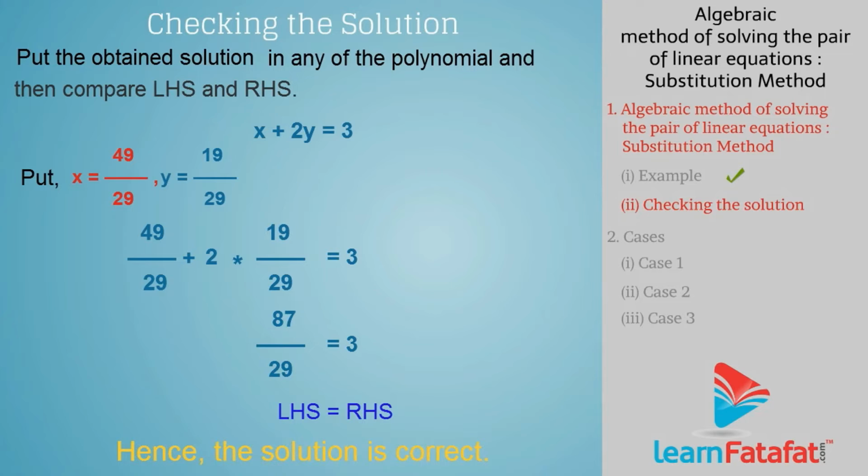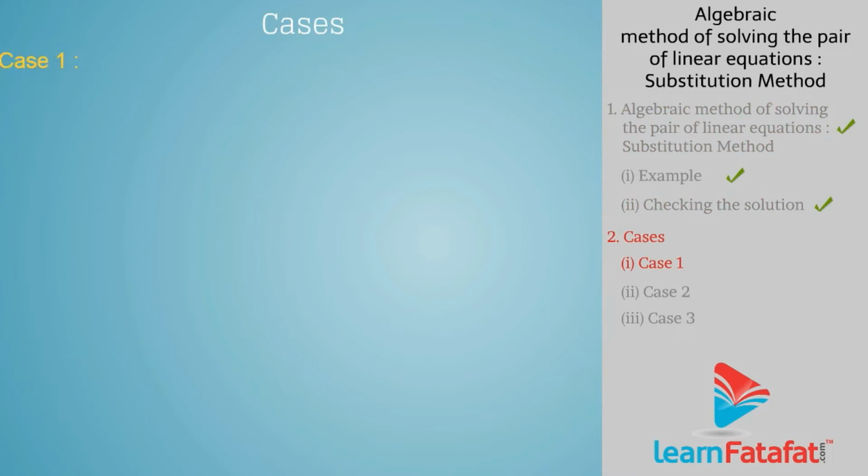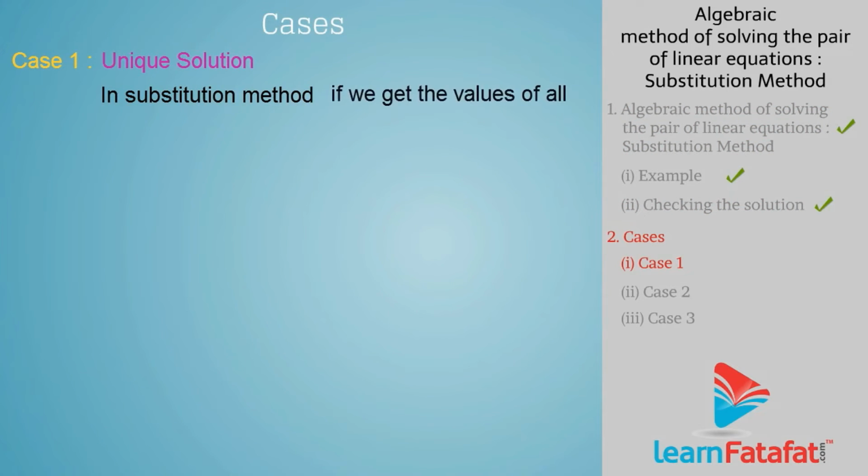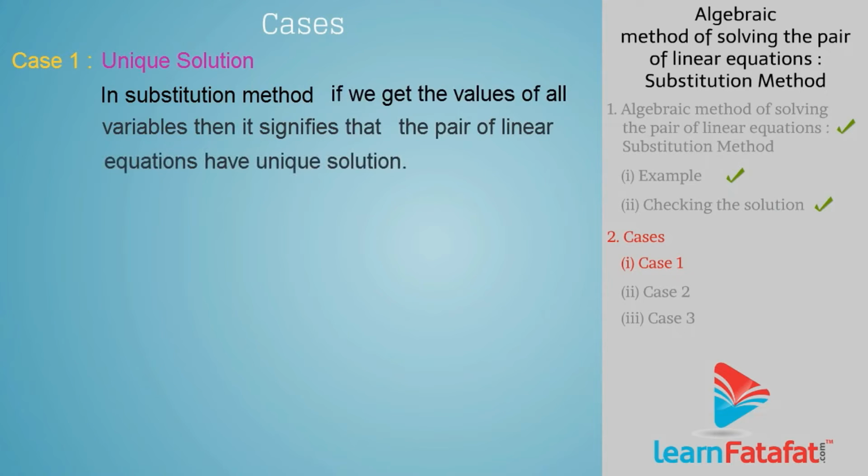Hence, the solution is correct. Cases. Case 1. Unique solution. In the substitution method, if we get the values of all variables, then it signifies that the pair of linear equations has a unique solution.